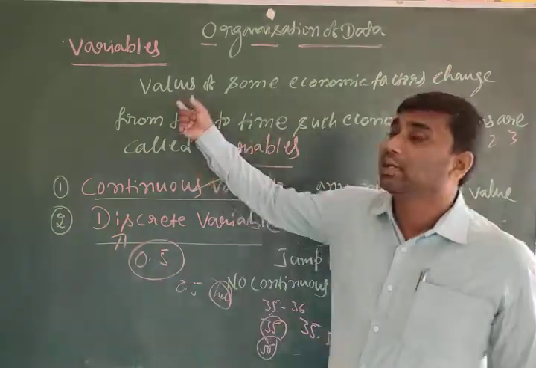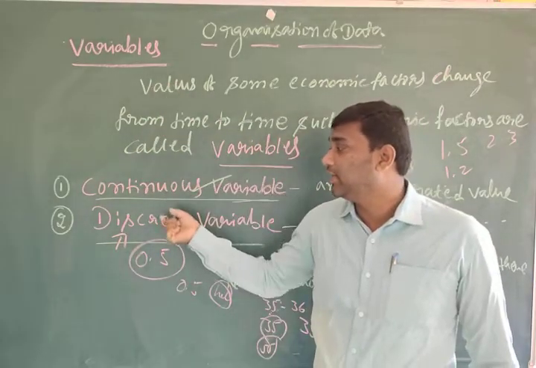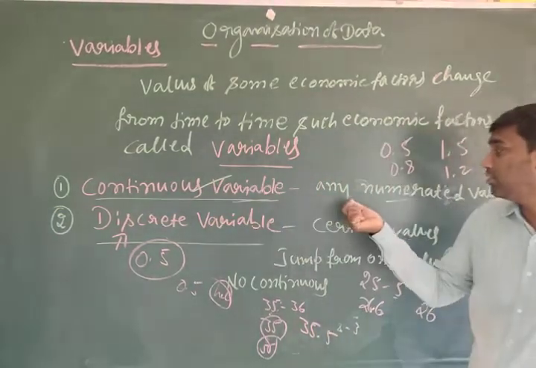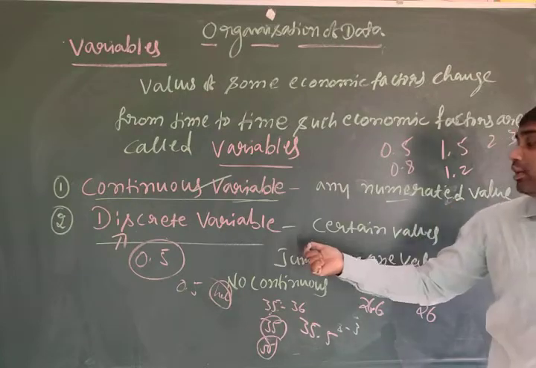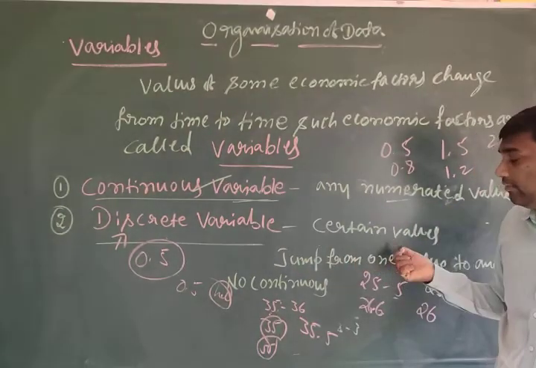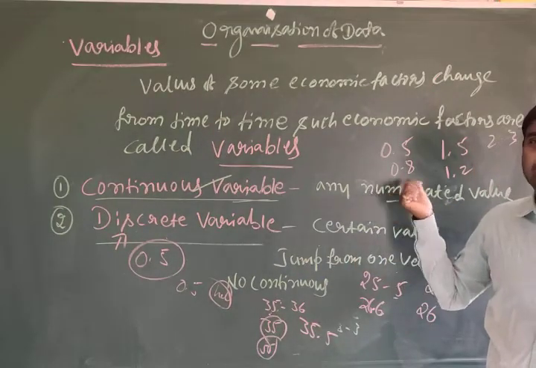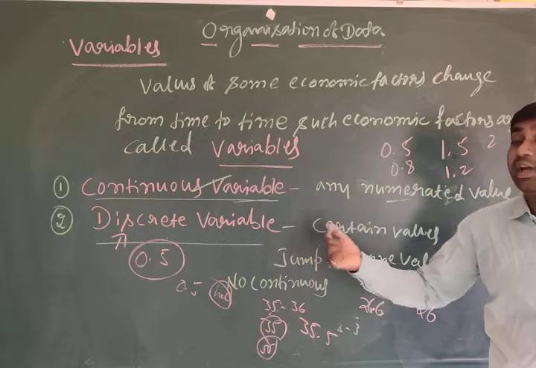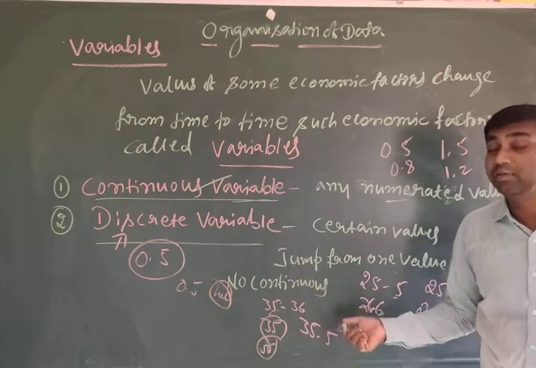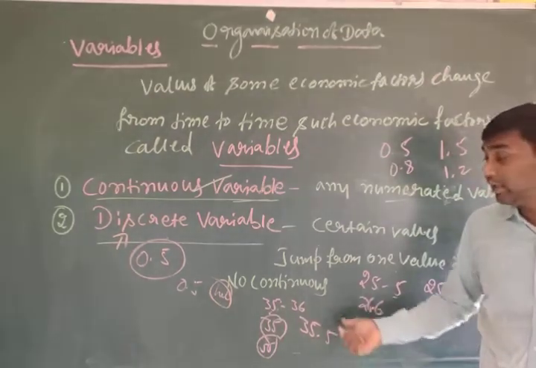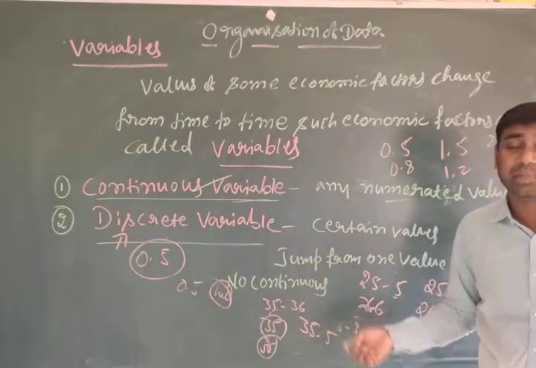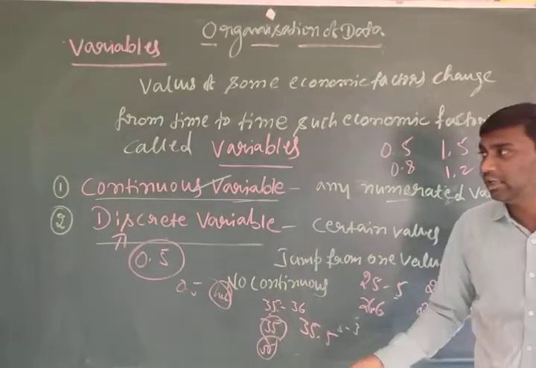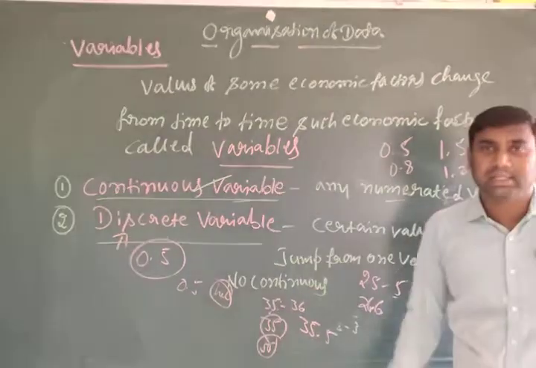Don't forget, we discussed variables. A continuous variable takes any numerical value, including integral and fractional values, whereas a discrete variable takes only certain values, with no fractions, jumping directly from one value to another.